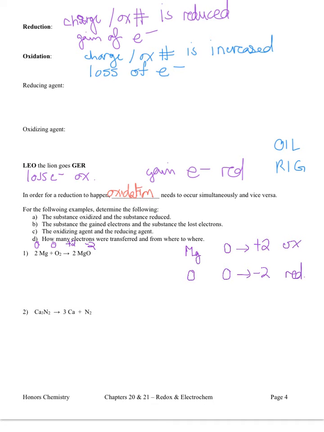So you can memorize LEO says GER, or you can remember that oxidation is loss of electrons, reduction is gain of electrons, or you can figure out from the charge. So the magnesium went from 0 to +2. Its charge went up, so that means it lost electrons. Or, again, you can just go with LEO says GER.